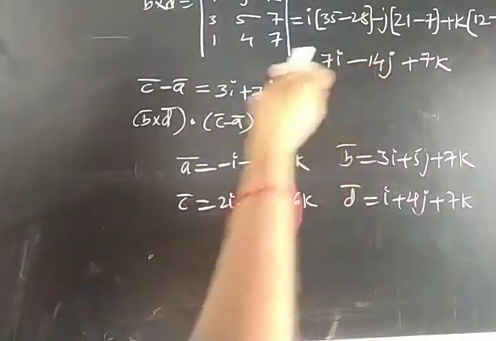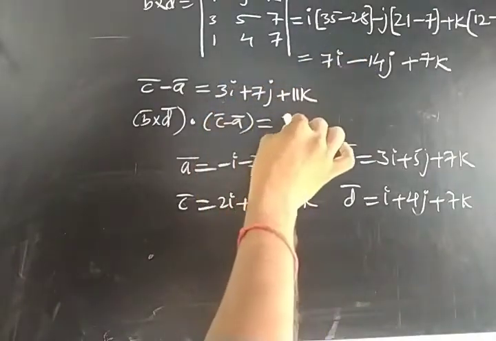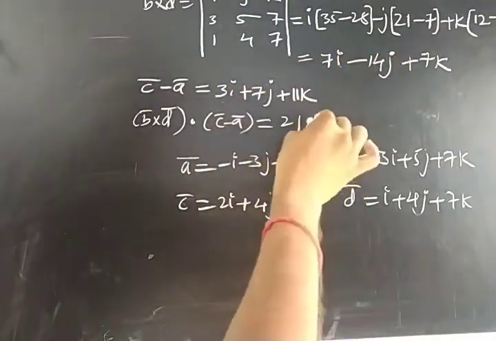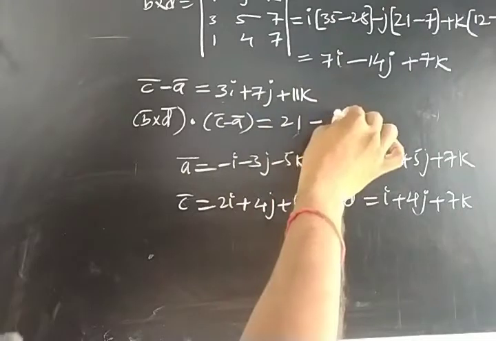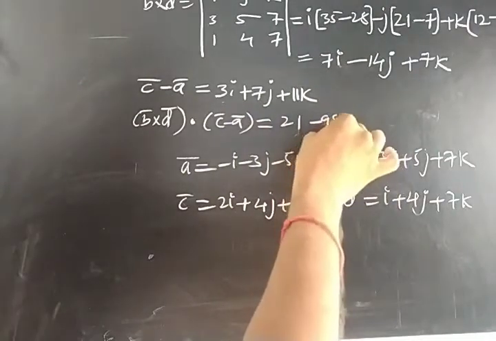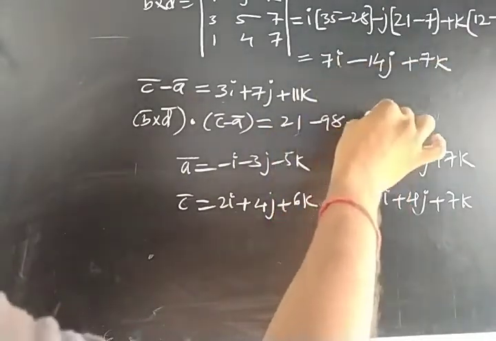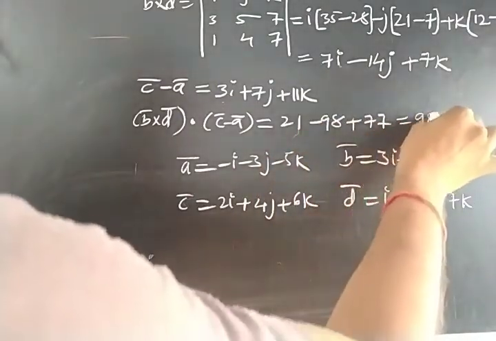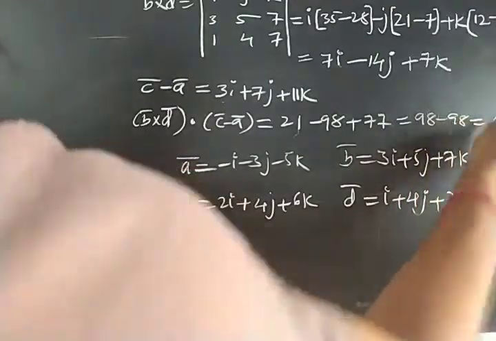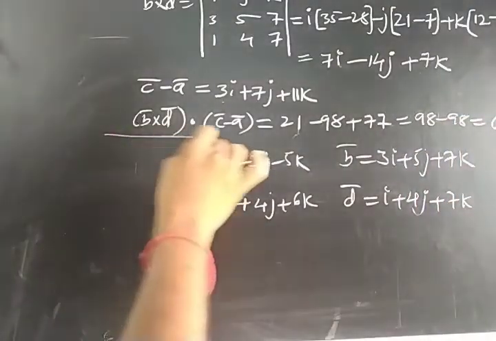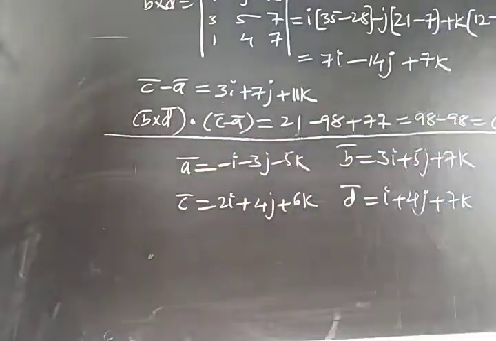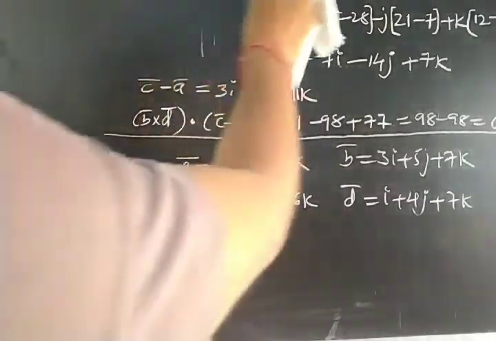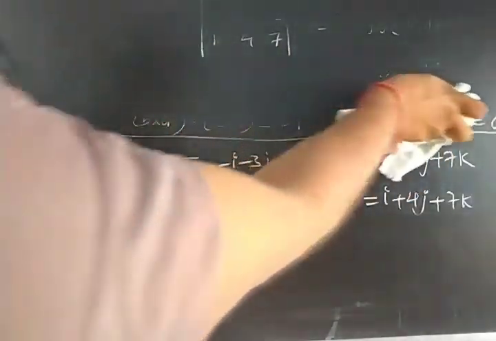Dot product means product of components: 3 7s are 21, 7 14s are 98, 7 11s are 77, 77 plus 21 is 98, 98 minus 98 is equal to 0. So we can conclude that the given lines are coplanar. Why? Because the dot product we got is 0. Now we are going to find the plane equation containing these coplanar lines.